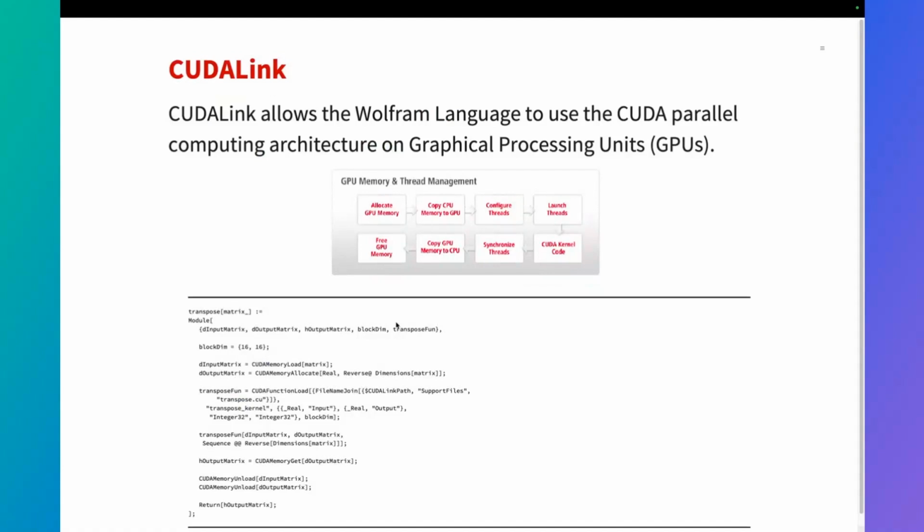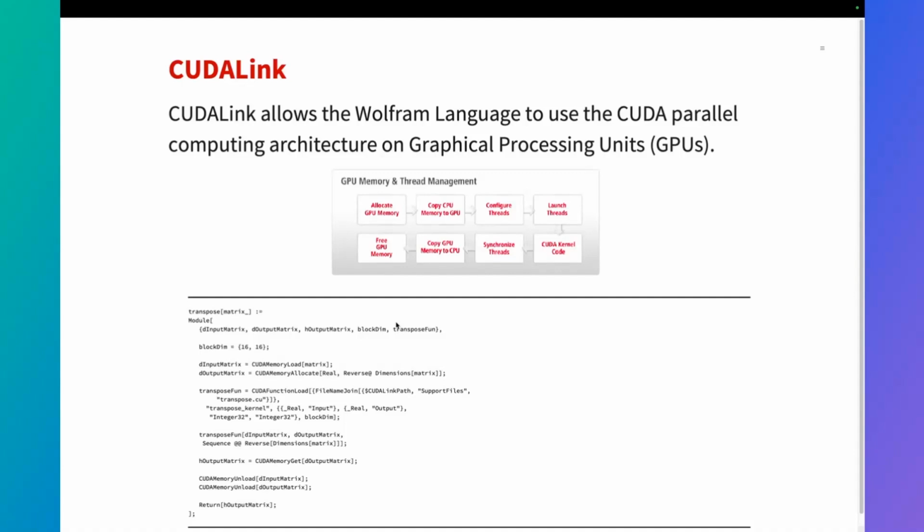So, as I say, CUDA-Link allows you to do GPU programming in the Wolfram Language, and you can follow the usual standard workflow for GPU programming. You first allocate memory on your GPU, copy it from your CPU, configure the threads, launch the threads, write a kernel code, synchronize your threads, and when you are done, take your final data on the GPU and move it to the CPU.